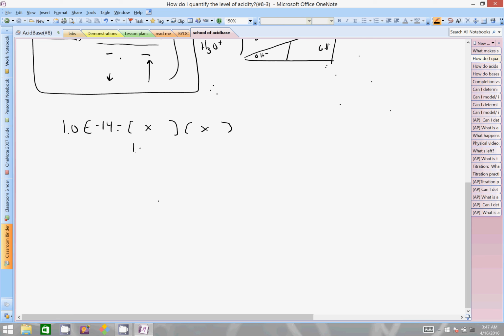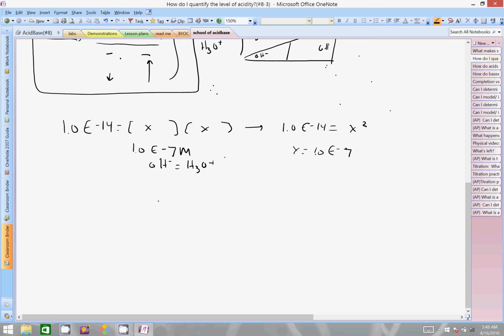It'd be 1.0 e to the negative 7th. Of course, you could do this algebraically: 1.0 e to the negative 14th equals x squared, take the square root, and you get x equals 1.0 e to the negative 7th. So this is the concentration when the hydroxides will equal the H3O plus ions.